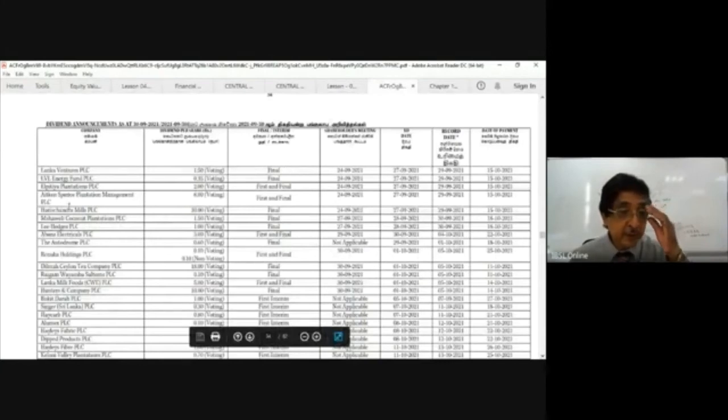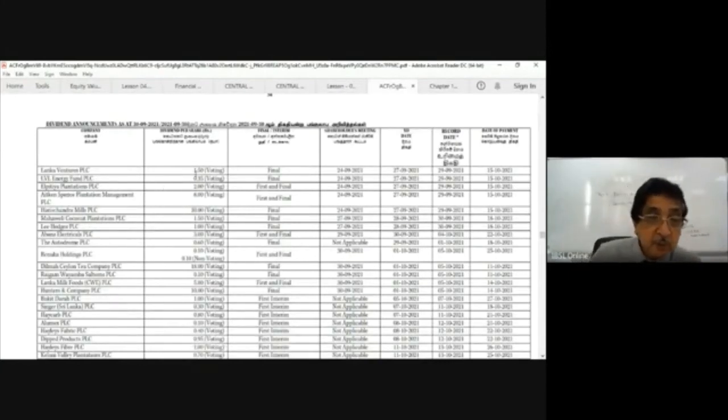Right, now you can just see Lanka Ventures PLC. The dividend per share declared here is 150, and it is the final dividend. It will be registered on, and the payment will be made on 15th of October 2021. This is the information given with regard to the dividend declaration and the payment of dividends.